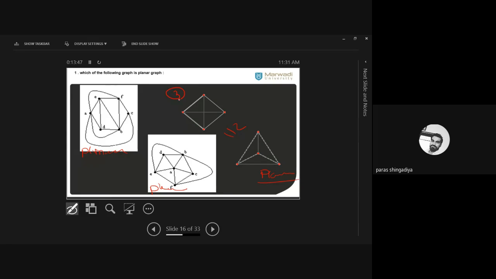Are they isomorphic or not? The third graph and the fourth graph, are they isomorphic or not? I have to check whether they are isomorphic. Are both graphs, third and fourth, isomorphic? You just compare the third and fourth.